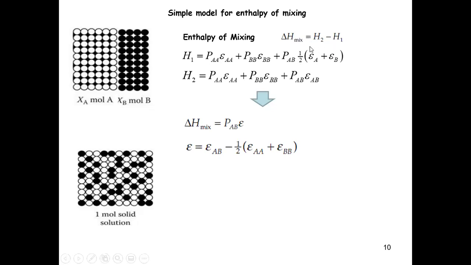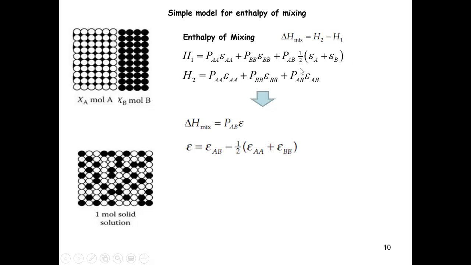You see that we don't have any mixing AB bond in this state, but we will have this mixing AB bond in this state. So if we have to associate an effective energy for those bonds, this is going to be half of the energy of AA bond and half of the energy of BB bond. I'm sorry, this is going to be epsilon AA and epsilon BB, right?